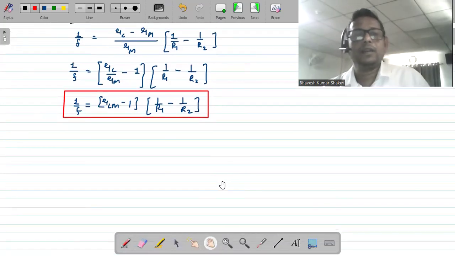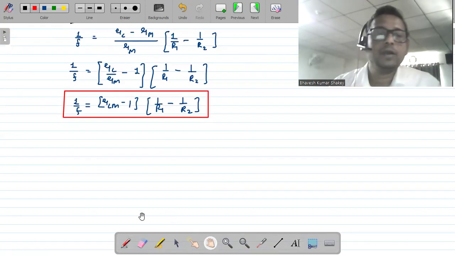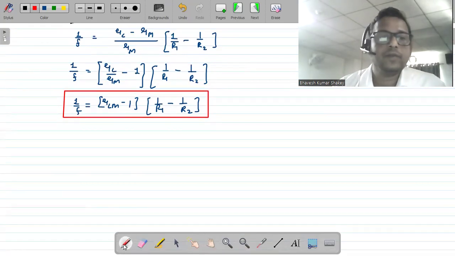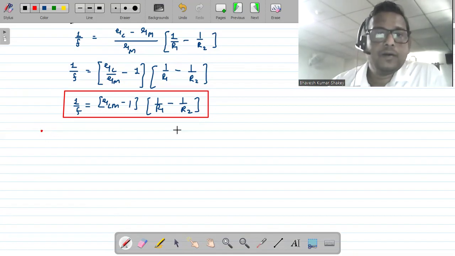There are various cases we can explain by using the lens maker's formula. Let's see some of them. If I have a plano convex lens, let's say the radius of curvature for this surface is r1, and for the other, r2.